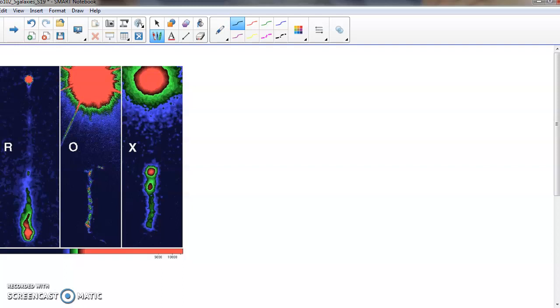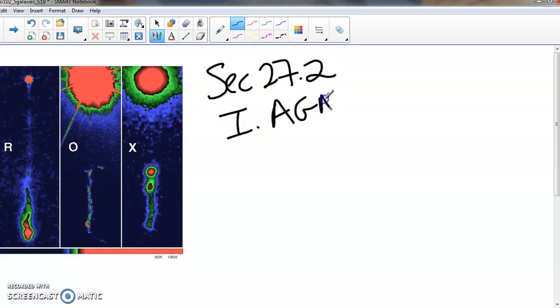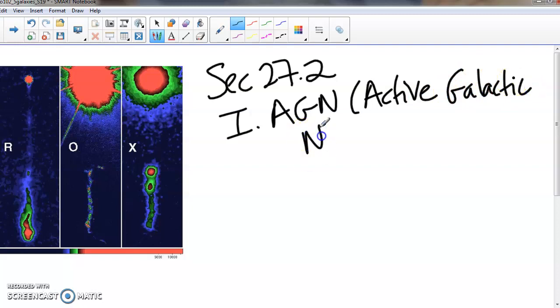Well, it took us a while as scientists to figure this out, but we eventually figured out, and here moving to the next section here, section 27.2. So moving up in history, we eventually figured out that these bright quasi-stellar radio sources are what we now call AGN. So an AGN is an active galactic nuclei, or nucleus if they have a single one.